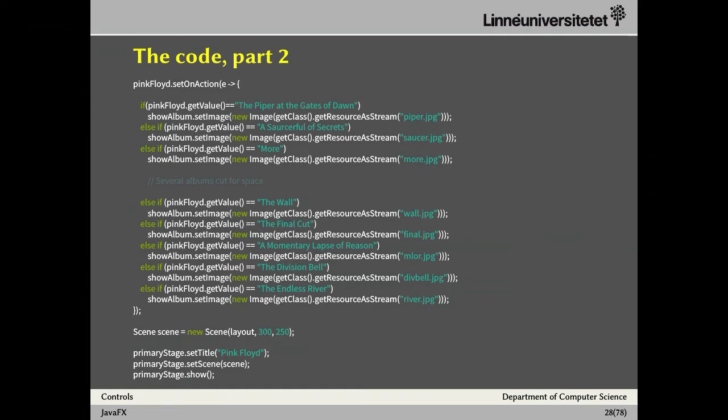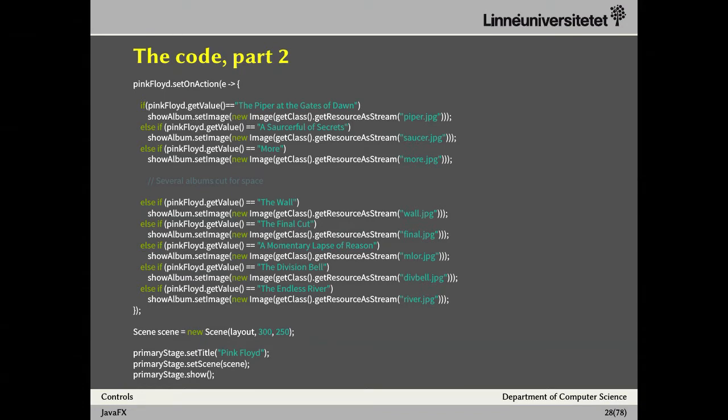So pinkFloyd.getValue, if it is The Piper at the Gates of Dawn, we will display the appropriate image, and we do that in our show album image view. So we replace whatever image we had previously with the current one using the show album, which is an image view.